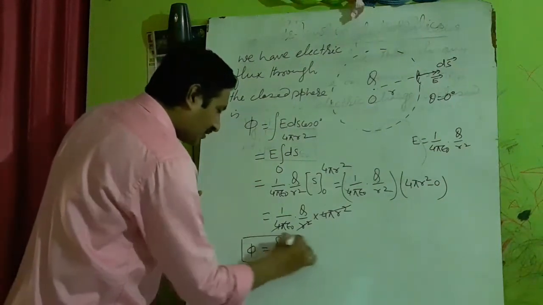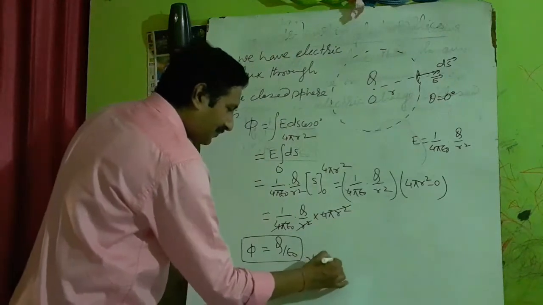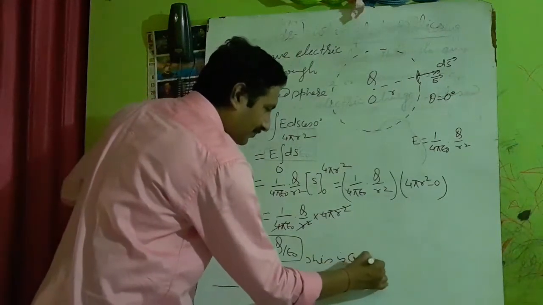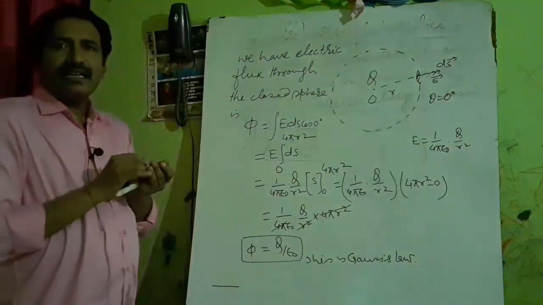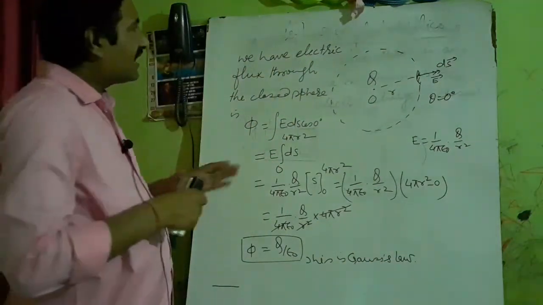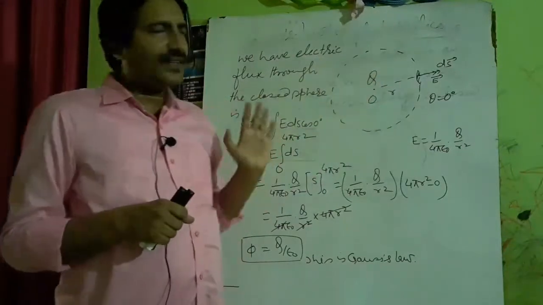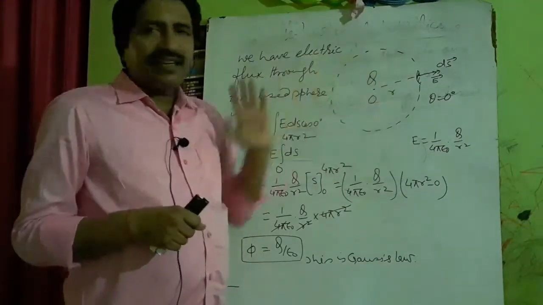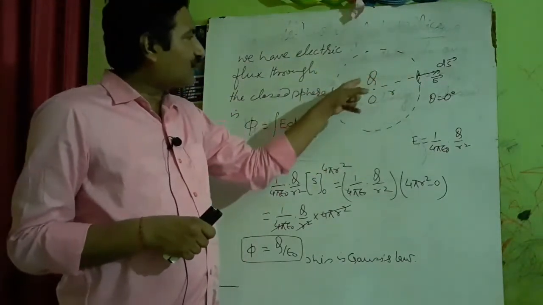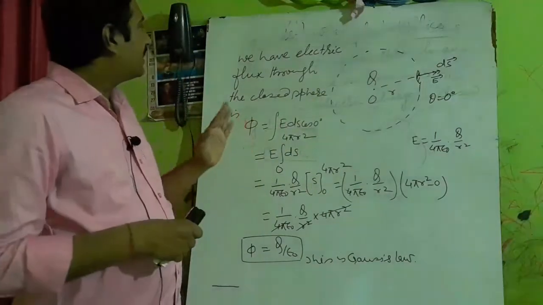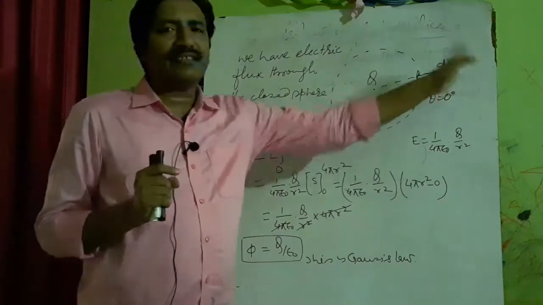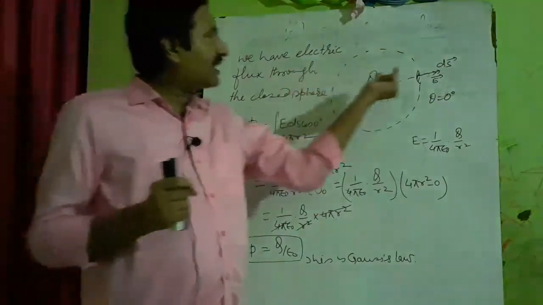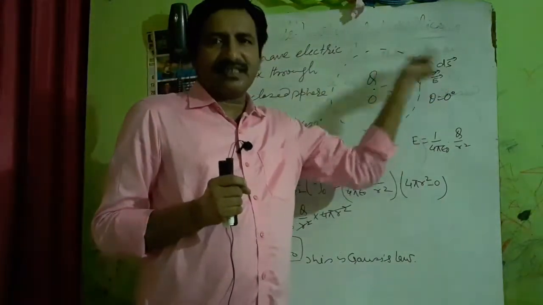So this is Gauss law. Have you understood? Just again revise it, that we have taken a spherical surface of radius r with a charge q at its center. Electric field at a point on the surface is taken as E, and we have considered a small area element ds.